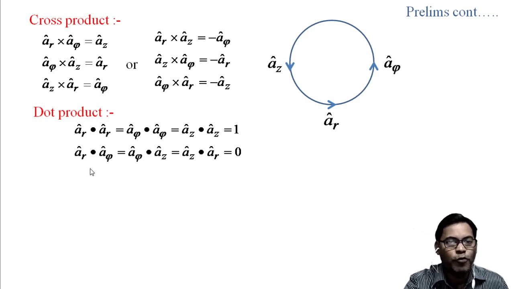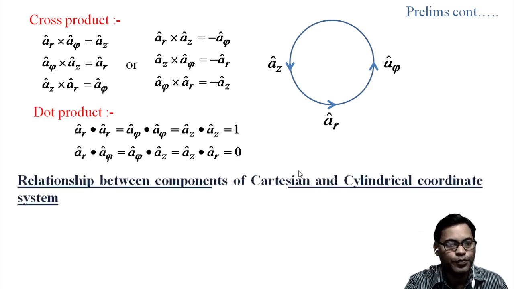And if we want to find out the dot product of AR dot Aφ or Aφ dot AZ or AZ dot AR, then we know that this is the orthogonal coordinate system. So AR and Aφ will be at 90 degrees, so cos 90 is 0, so it will be 0. So all the portions will be 0.